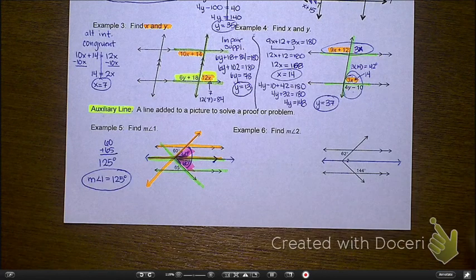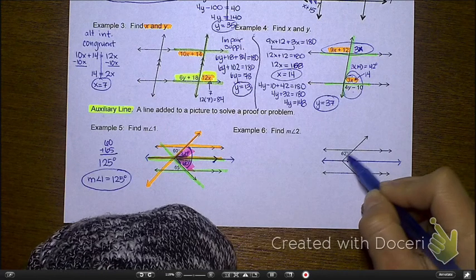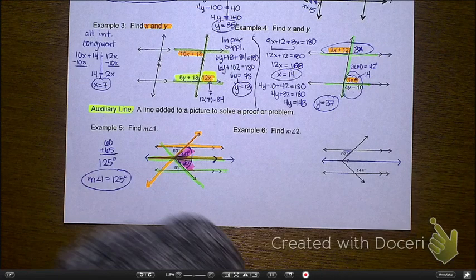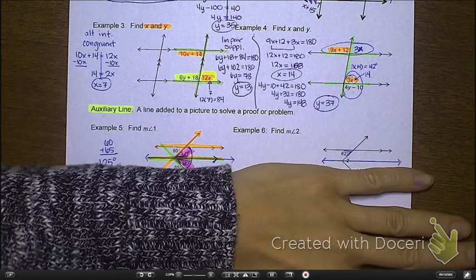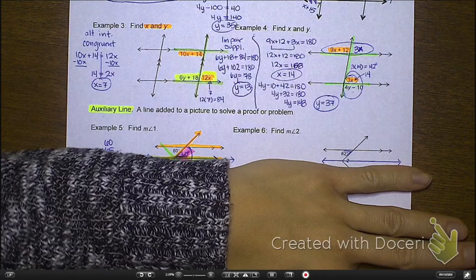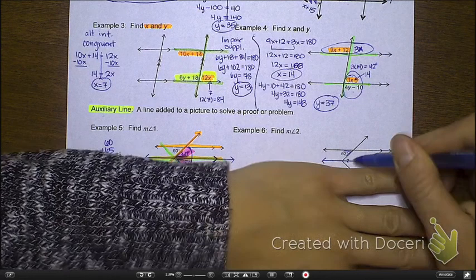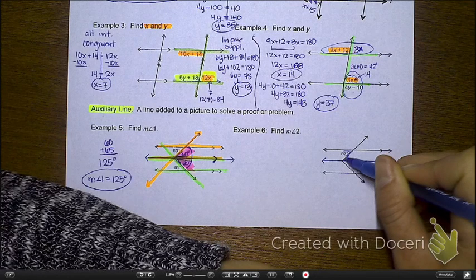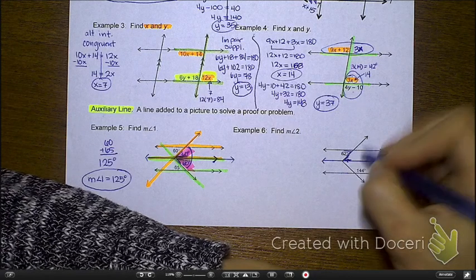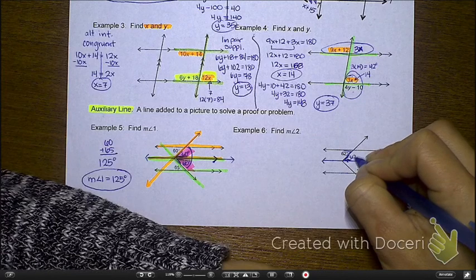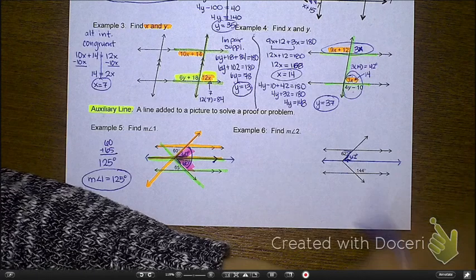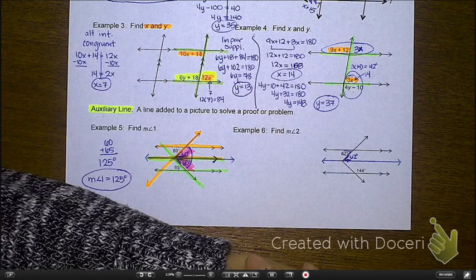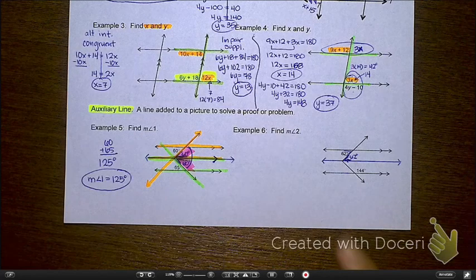Okay, now, if this angle here is 62, where is its alternate interior angle? Don't think about this bottom part, just think about the top part. It's right here, right? So this one's 62. What is this little one right here? 62, right?